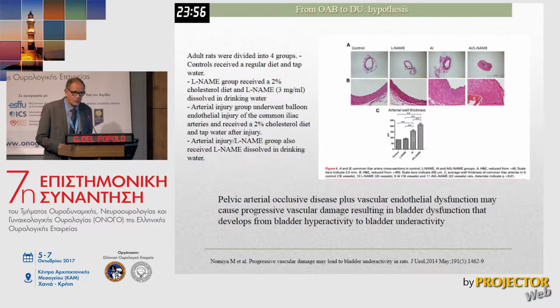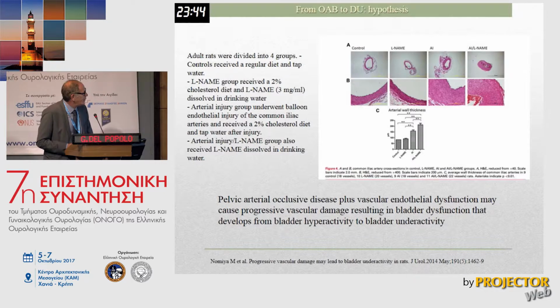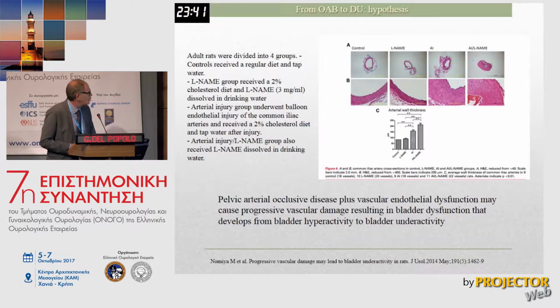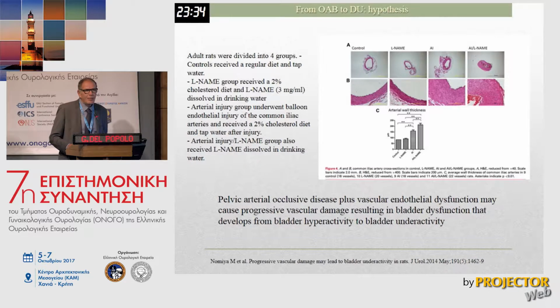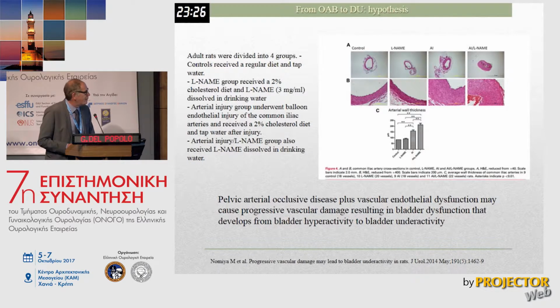Based on this clinical observation, they also did some basic research on rats. They tried to induce atherosclerosis using cholesterol, and also vascular damage with occlusion of the pelvic arteries, and also endothelial dysfunction. What they found in rats was that in the early stage they induced overactive bladder, but over time the dysfunction turned into bladder underactivity.